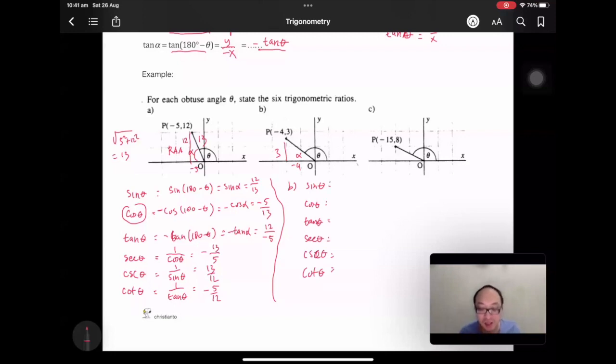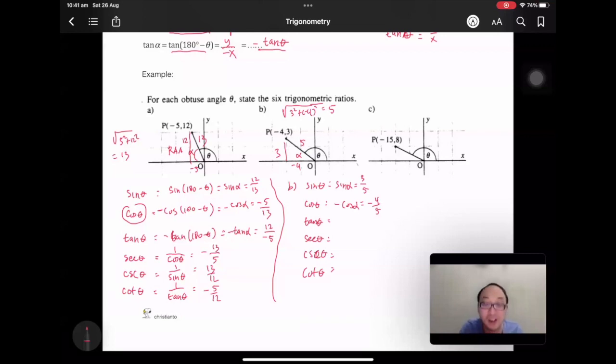So sine theta is positive sine alpha. So, okay, the Pythagoras of this is 3 squared plus -4 squared equals 5. So it is 3 over 5. Cos theta is negative cos alpha, equals -4 over 5.